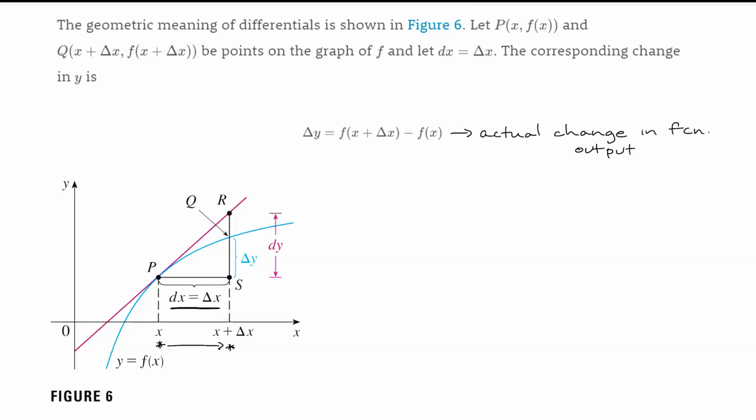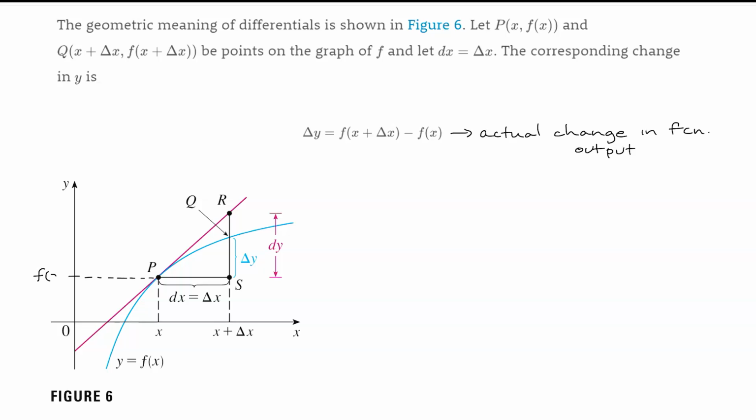And again, I'm going to be erasing these things in a minute so it doesn't get too crowded, but it tells us that the differential dx is equivalent to delta x. So those are two notations for the same thing, that is how much we move from our initial point of tangency at x along the horizontal.